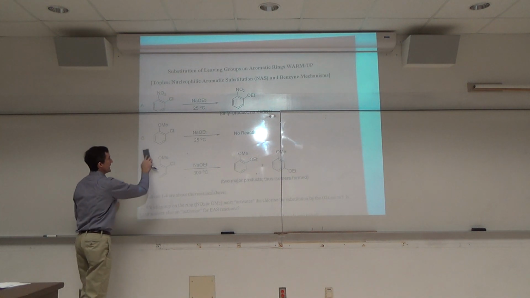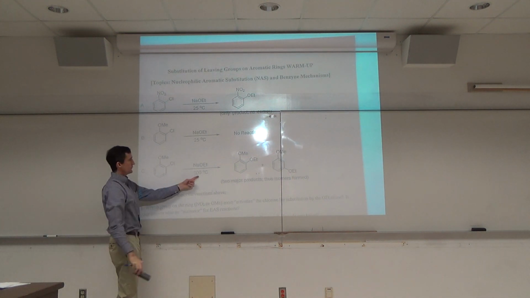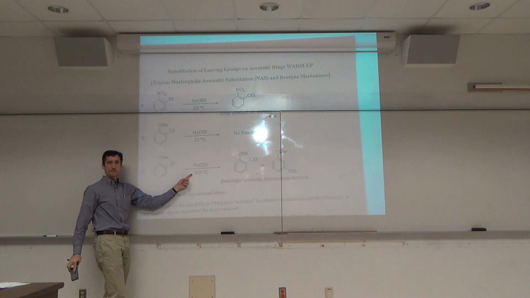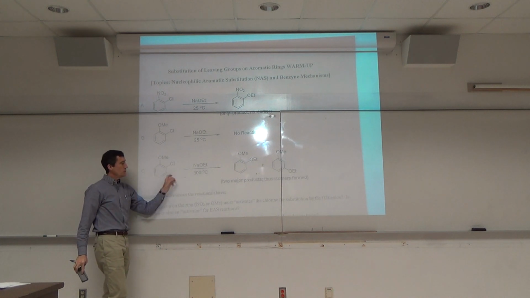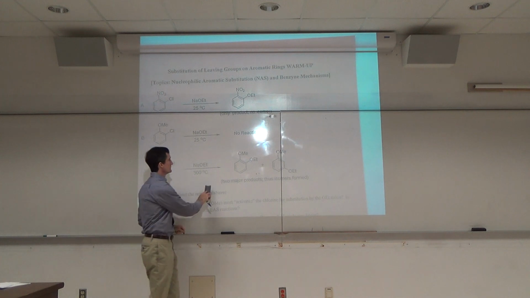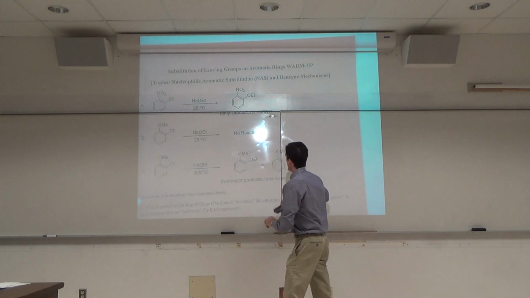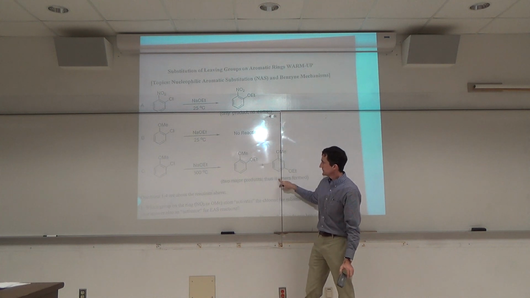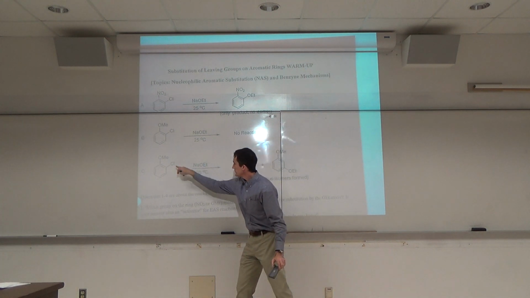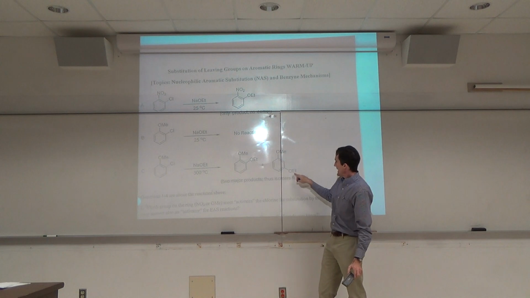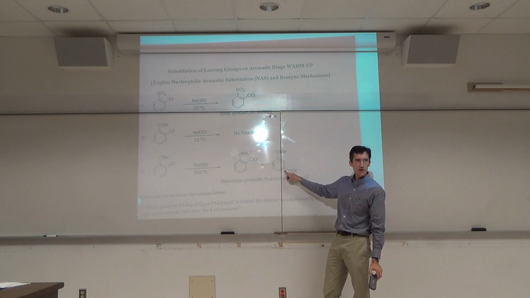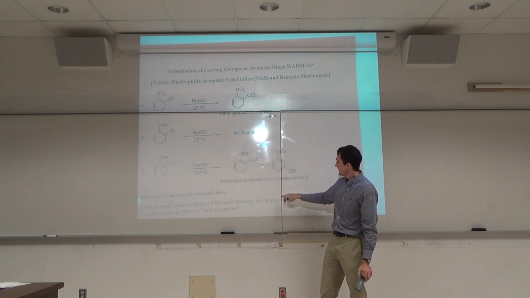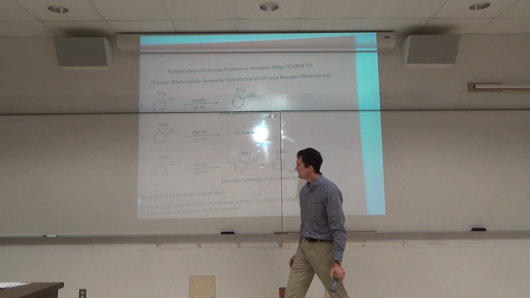Now if you try this reaction at 300 degrees instead of 25, you will get a reaction. But interestingly, you get isomers. It looks like the nucleophile replaced the chlorine, but how did the nucleophile end up on the next carbon? 2 major products formed here.